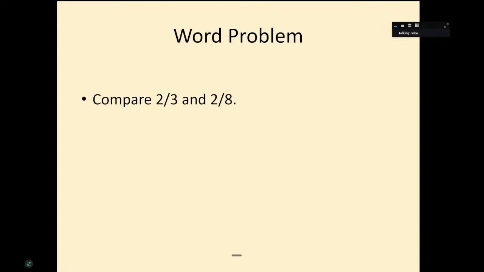Okay, so let's compare 2/3 and 2/8 again. Basically look at the numerators, and you'll see they're both equal. And then look at the denominators, which is 3 and 8, and 3 is lower than 8, which means 2/3 is bigger than 2/8.